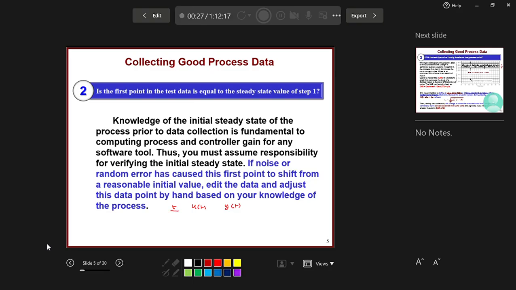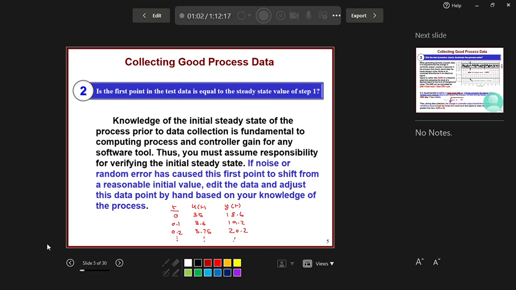At t0, you have collected your u of 3.5, and y was 18.6. And then at the time step 0.1, this was 3.6, and this was 19.2. And then so on, you went collecting the different data set, and you have reached some point. So you keep continuing collecting the data.